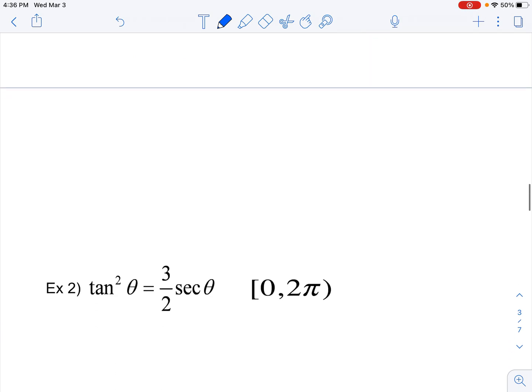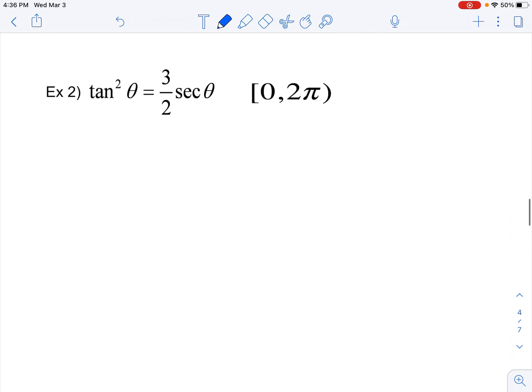All right, our next example, tangent squared equals 3 halves secant theta, and we're going to do that again in radians. Okay, so I know that tangent squared is sine squared over cosine squared. And I know that this is 3/2, and secant puts a cosine down on the bottom.